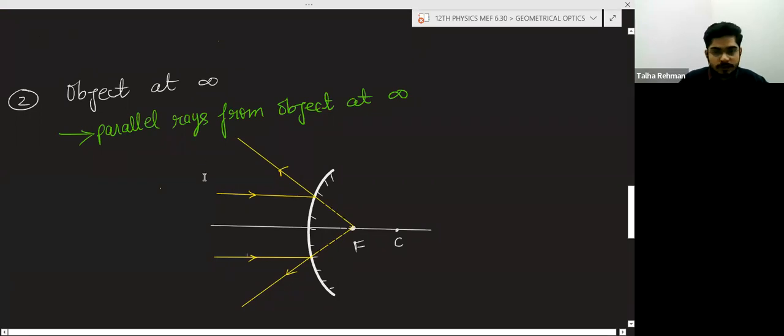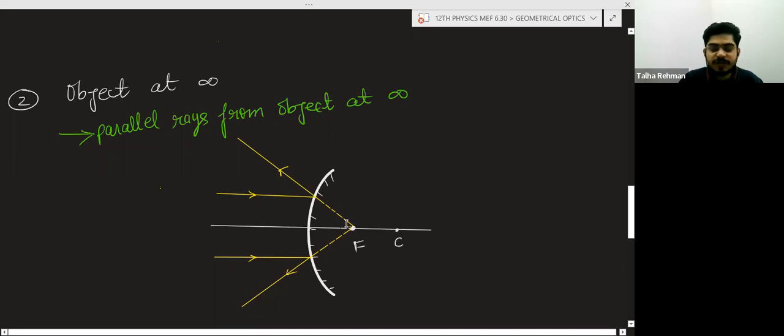This is the parallel ray to the principal axis, the reflected ray, and you produce this reflected ray in the backward direction to meet at focus. Same is the case for this ray, and both the rays will appear to meet at focus and the image will form at focus.